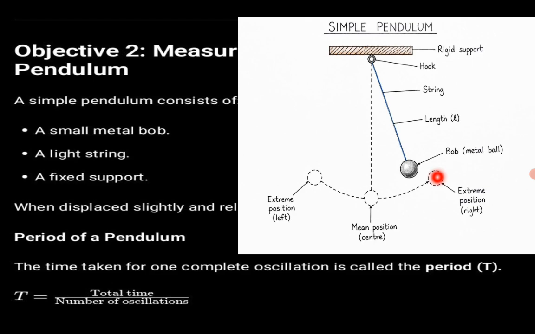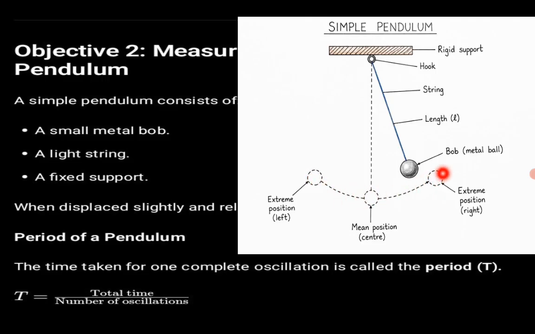All right, the moment you release it from the initial position, from this end, you start the stopwatch, and while the stopwatch is ticking, count the number of oscillations up to 20 of them. Remember, one oscillation is from here to that end and back.